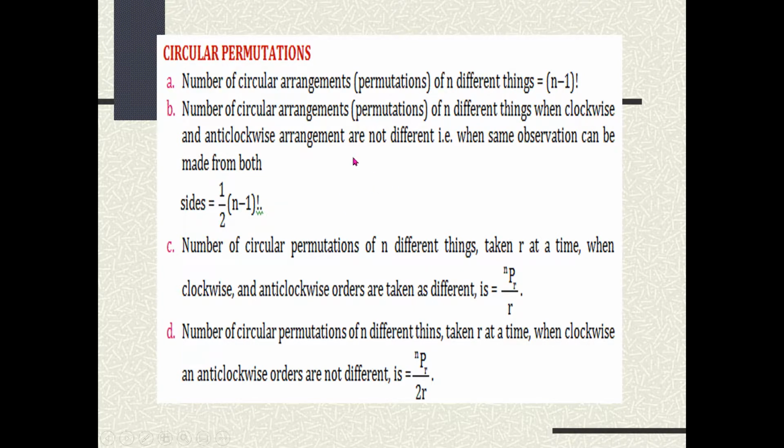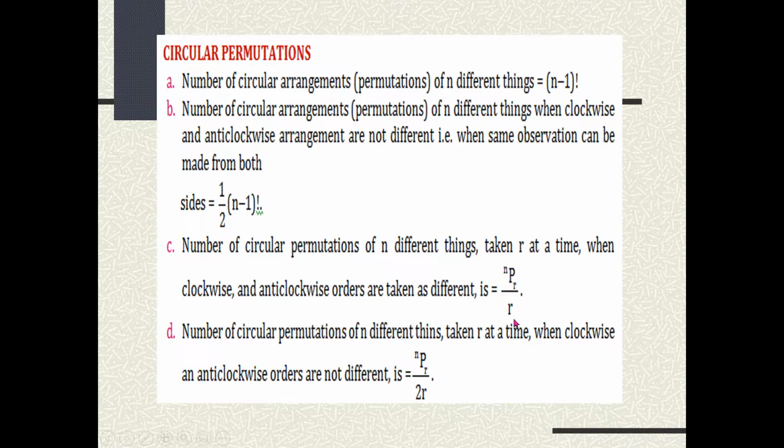Now let's say you have a total of n objects and you have to choose r of those and arrange them in a circle. The number of circular permutations of n different things chosen r at a time, when clockwise and anti-clockwise orders are taken as different, is given by nPr divided by r.